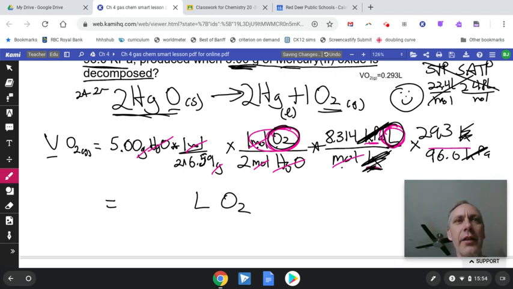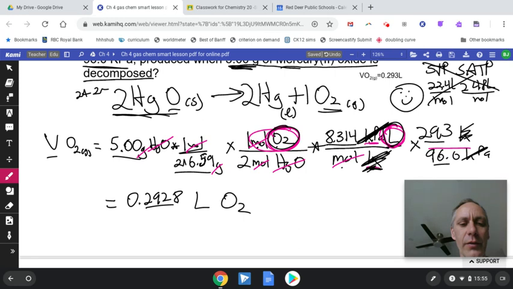Plug everything into your calculator, and you should get 0.2928 liters. And then we go through and check our sig digs. 3, 5, 4, 3, 3. So my final answer is 3, and the 8 will round the 2 up to 3, 0.293 liters of oxygen.